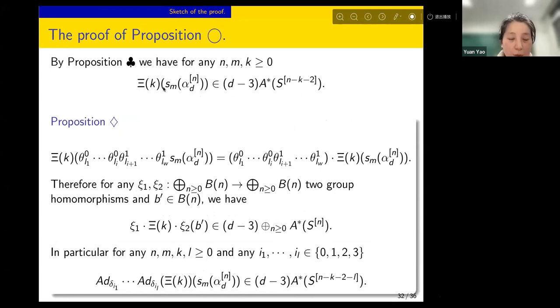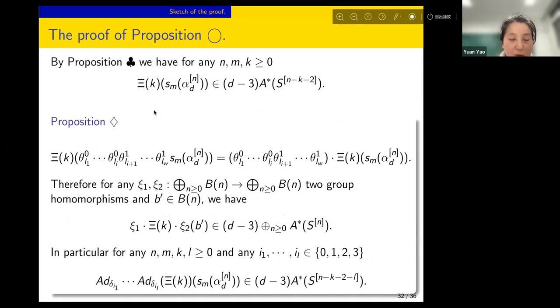The good thing about this operator is it has this very nice property: once you have all these zetas, you don't need to consider them. Once you have this SM belonging to D minus 3 times this Chow ring, then no matter how many zetas before it, after this operator it still belongs to D minus 3 times the Chow ring. That's the proposition diamond. That's the advantage of the new operator.